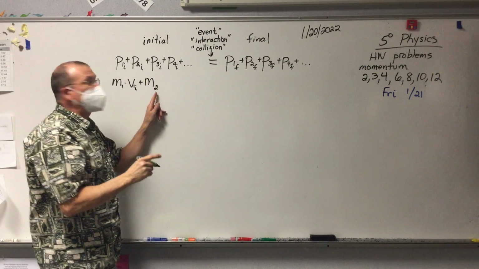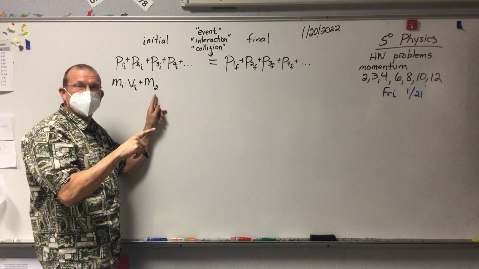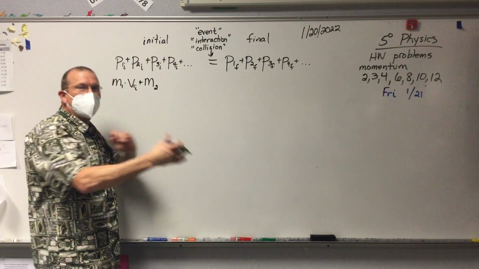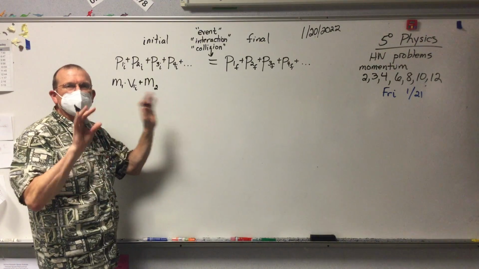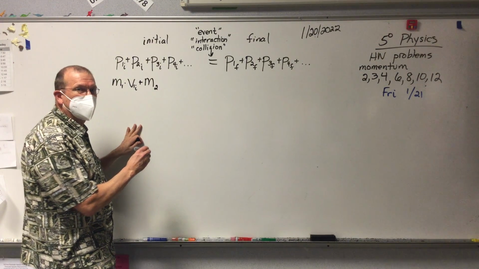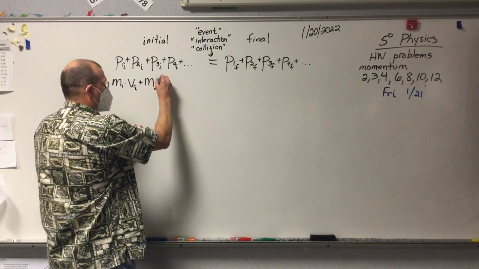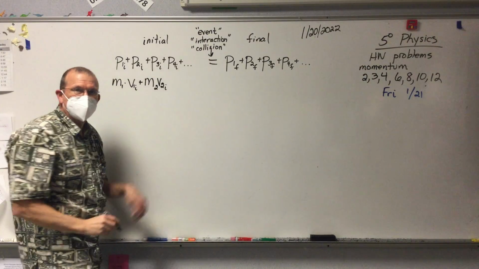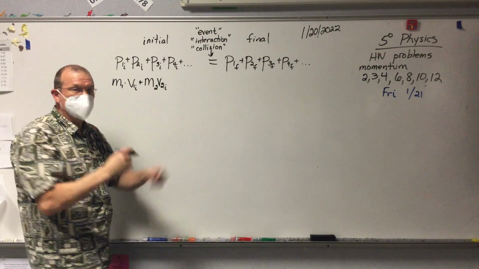Now, we don't have to put the I with the mass because we're not going to let the mass of the object magically change. So we can just call it M2. What's going to come after that? Correct. V2I. Because the velocity might change.